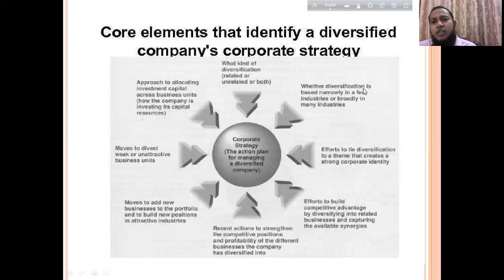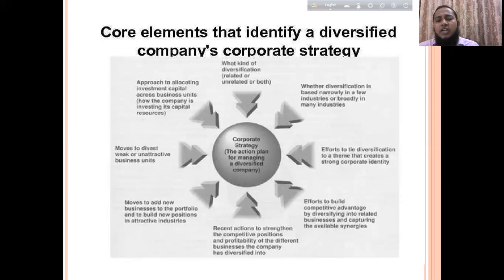Secondly, whether diversification is based narrowly in a few industries or broadly in many industries. Then the company will think whether diversification will be confined to a few industries, or there will be a massive diversification into different industries.